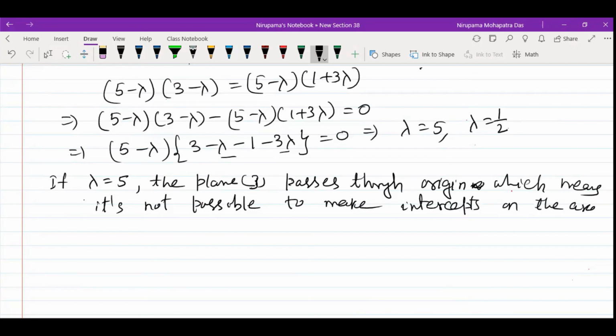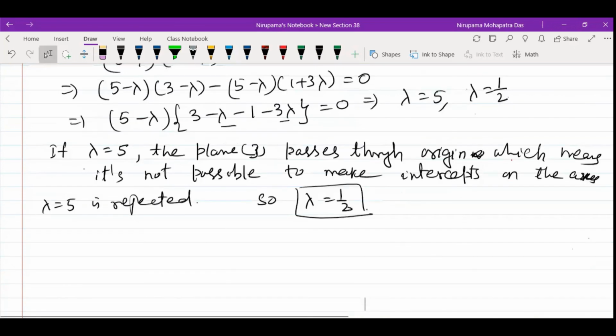Okay, but we are given x intercept equal to z intercept. So it means lambda equal to 5 is rejected. We will not take it. So the only possibility is lambda equal to 1 by 2. Okay, now we can get lambda equal to 1 by 2.